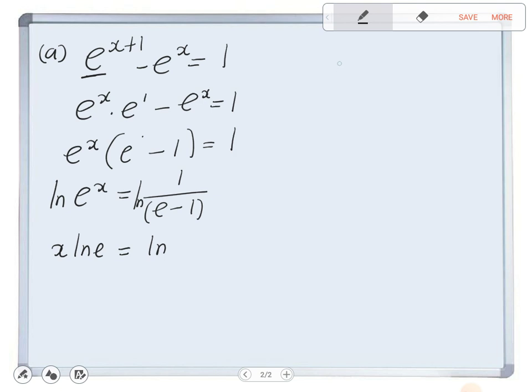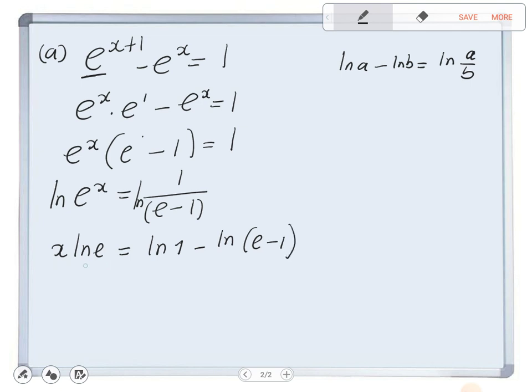So if you've got ln a minus ln b, it's just the same as ln of a over b. So what we have here is just the same as ln 1 minus ln e minus 1, like that.